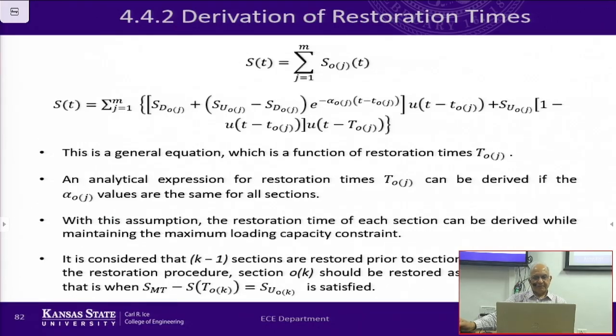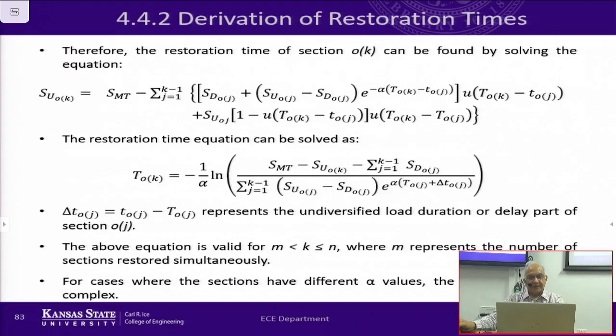So this is a specific condition that can be implemented, and the derivation is not important here because it takes a lot of effort to come to that point. But ultimately, if we have that one condition where the exponential rate of decay of all the sections is identical, then the calculations become very simple.